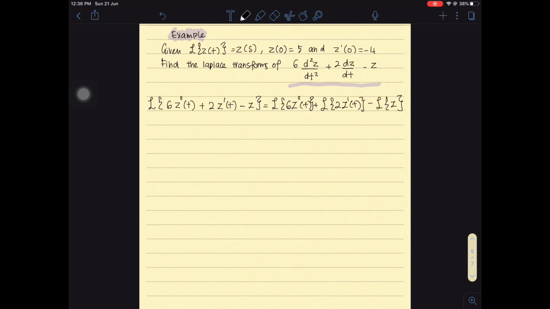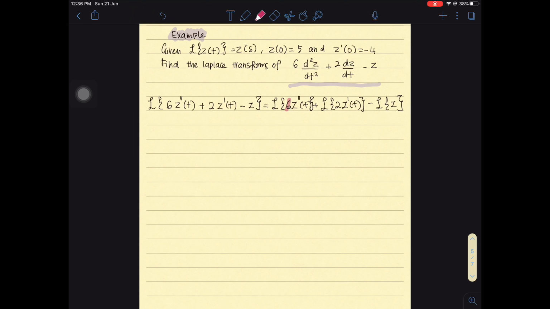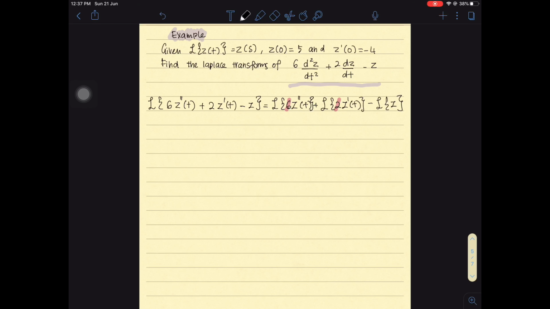Now if you can see here again, 6 is only a constant, 2 here is also a constant. You can bring it out of the integral or out of the Laplace transformation. So you can write your equation as 6 times the Laplace transformation of z''(t), plus 2 times the Laplace transformation of z'(t), minus the Laplace transformation of z.